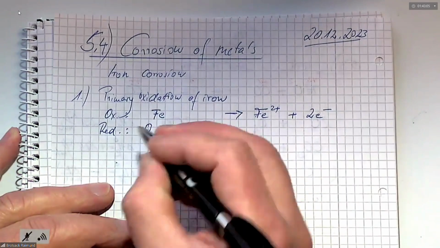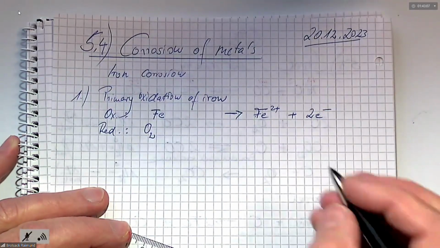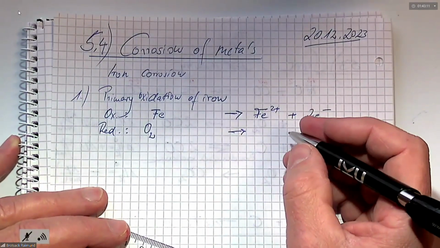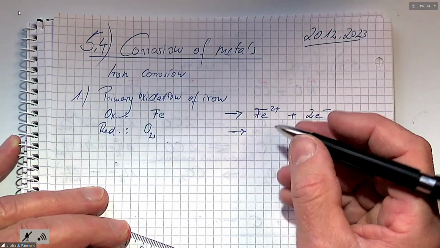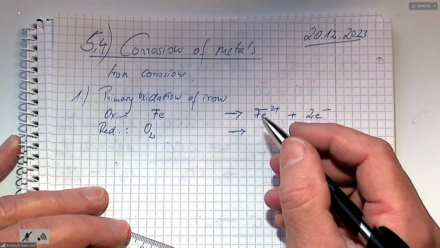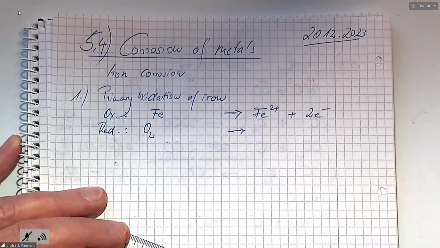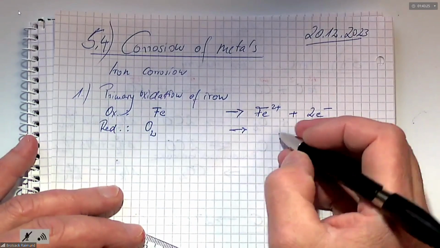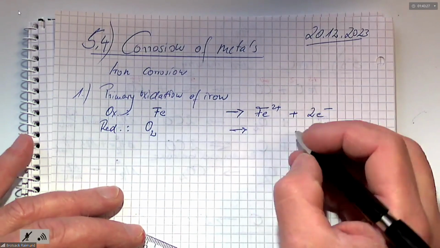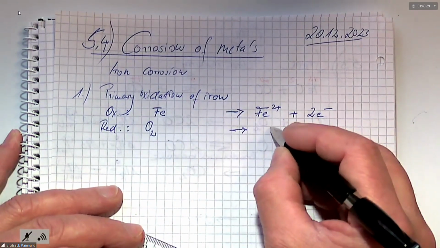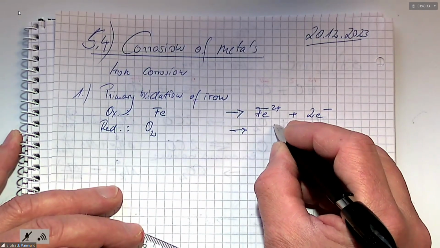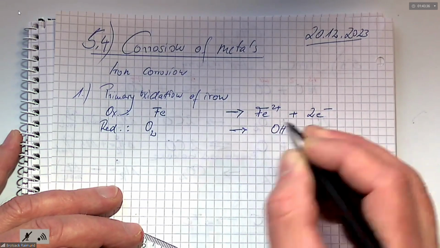Oxygen is available in the atmosphere, and in a humid surrounding, we always have humidity in the atmosphere. Sometimes it's raining, then directly a drop of water is on our iron application outside. So in this environment, the reduction of oxygen leads to hydroxide ions.